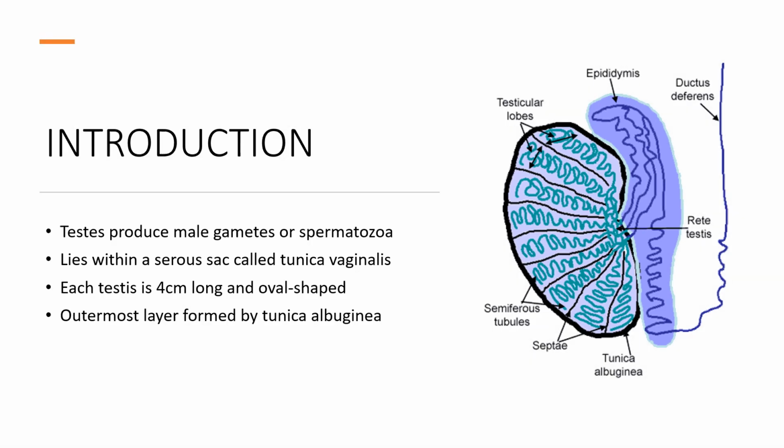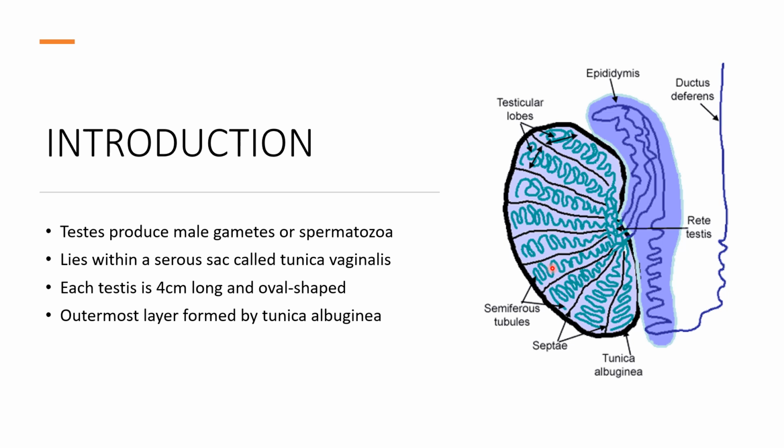Okay, so let's look more intimately at the other things that make up the testis, as a way to introduce it. I've talked about it being the major reproductive organ of the male, just like you have the ovary for the female. It lies within a serous sac that is called the tunica vaginalis.